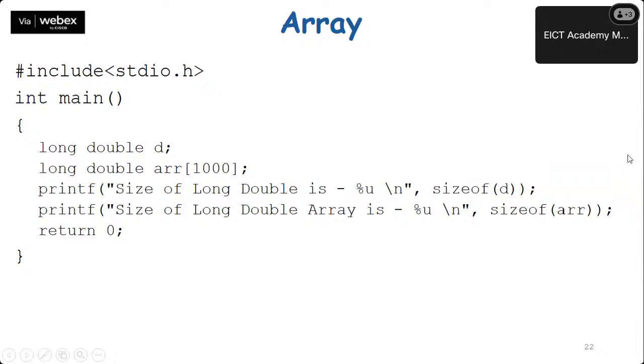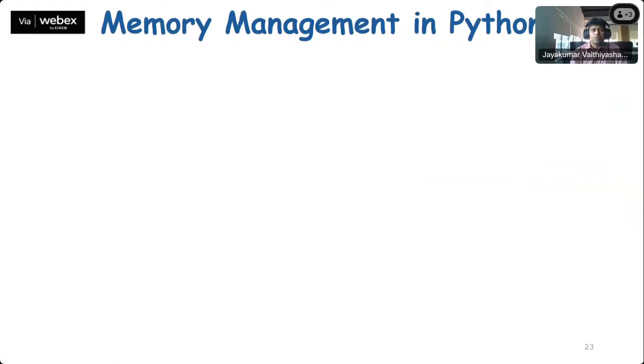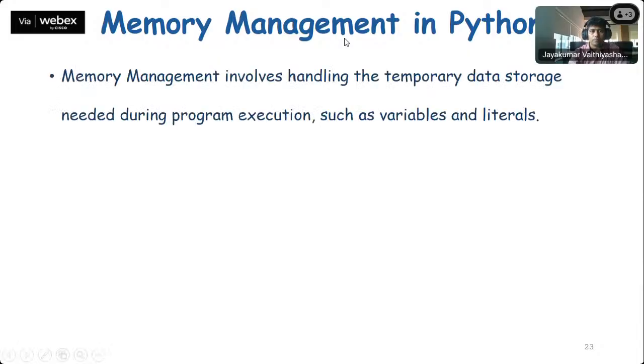I'll cover dynamic memory allocation if time permits. So let's see how memory management works in Python. Memory management involves temporary data storage needed during program execution, like variables and literals.